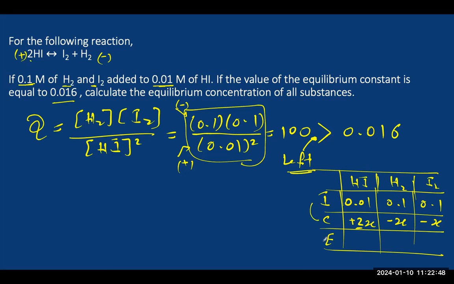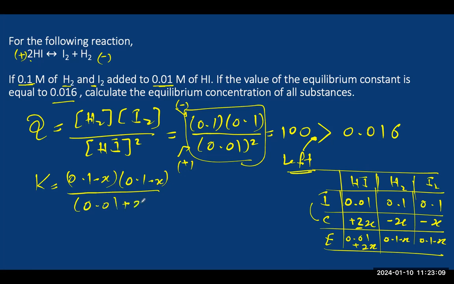By adding these two, we will reach the equilibrium concentrations: 0.01 plus 2x, 0.1 minus x, 0.1 minus x. Now we can put these equilibrium concentrations in the K expression. So K equals 0.1 minus x times 0.1 minus x over 0.01 plus 2x to the power of 2. And we know that K is equal to 0.016.